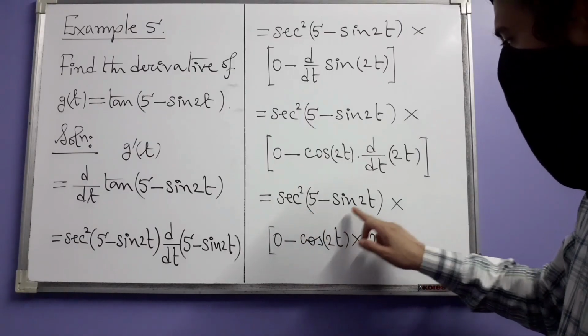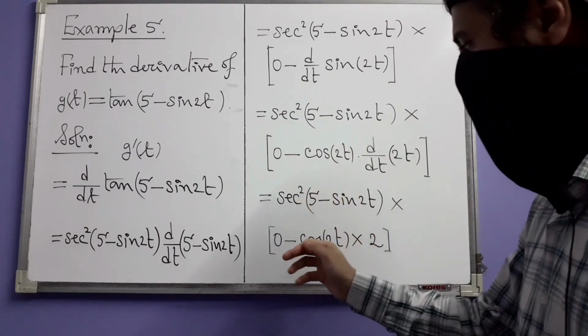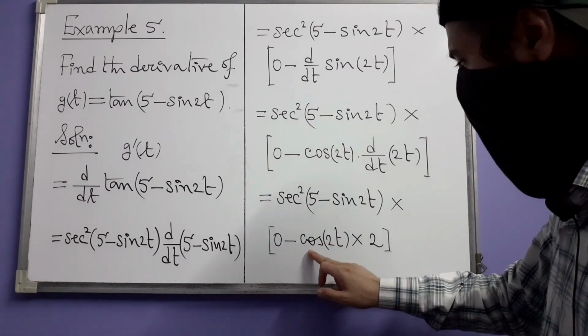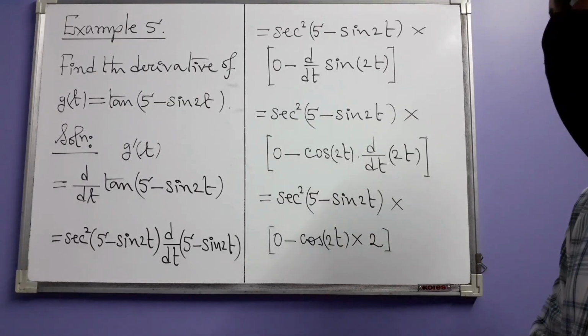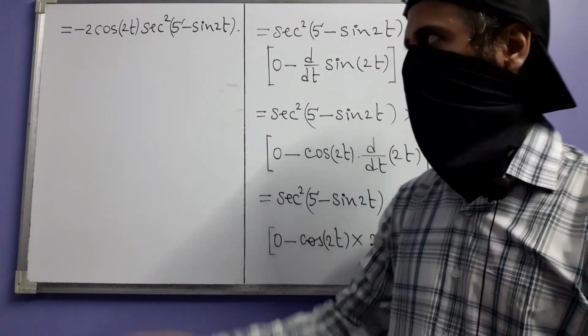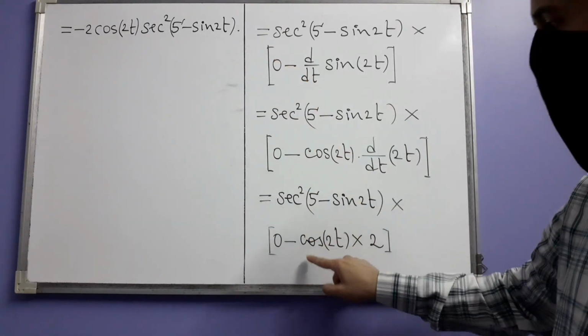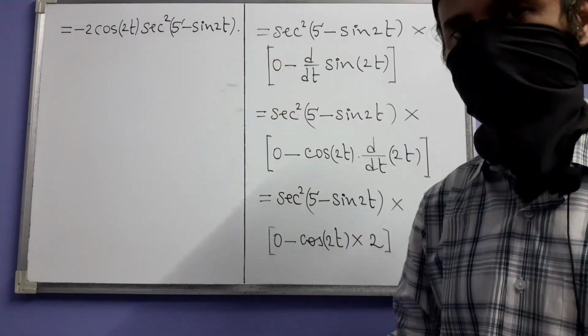Secant square 5 minus sine 2t times 0, if you want you can keep writing, but anyway it's going to vanish, minus cos 2t times 2. So let me write the final step. So the final answer is this, minus 2 times cosine of 2t times secant square of 5 minus sine 2t.